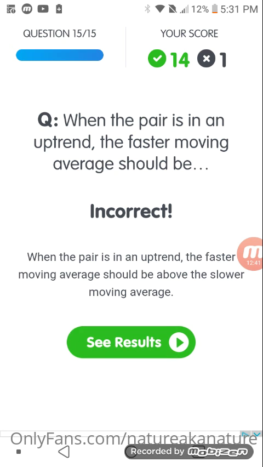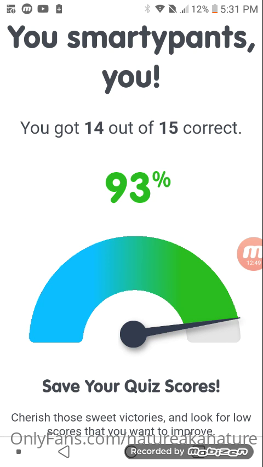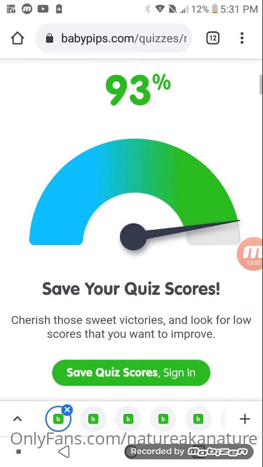So we did get 14 out of 15. I wanted to get 15 out of 15, but this is real life, so you're still a smarty pants. Remember, in an uptrend the faster moving average should be above the slower one. I knew that. I don't know why I said no.